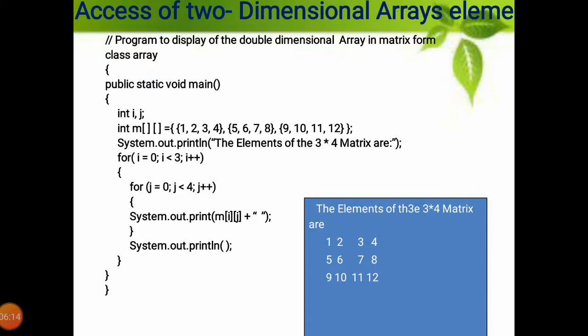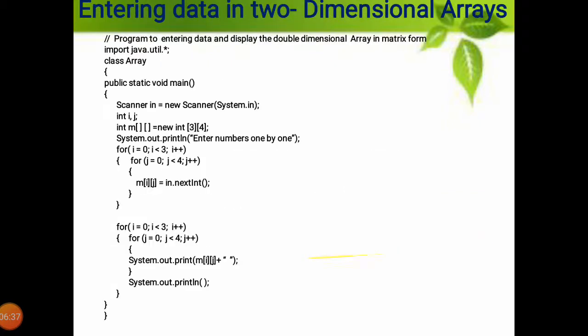And when i is equal to 2, again the inner loop revolves 4 times and prints the values of the third row. So in this way we print all the elements of the double-dimensional array: 1, 2, 3, 4, then on the second line 5, 6, 7, 8, and then 9, 10, 11, 12.